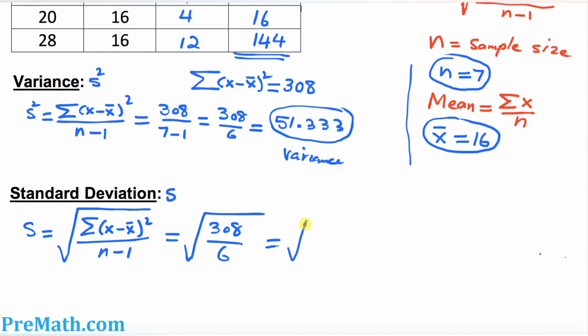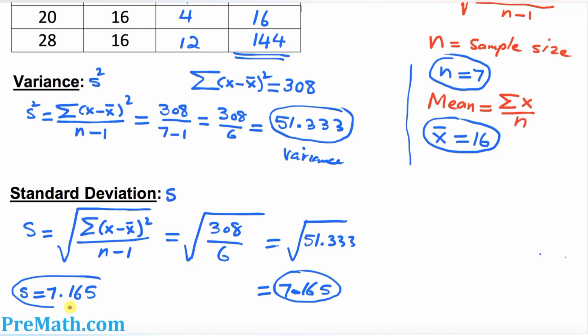That is the square root of 51.333. If you take the square root of this, that is 7.165. So our S turns out to be 7.165. That is our answer.